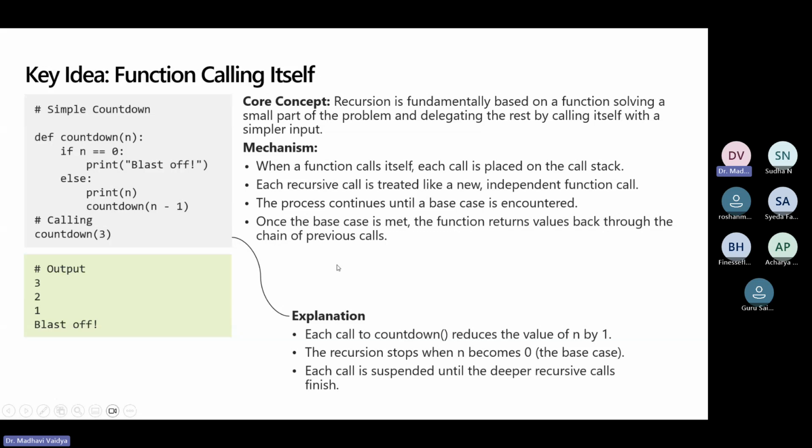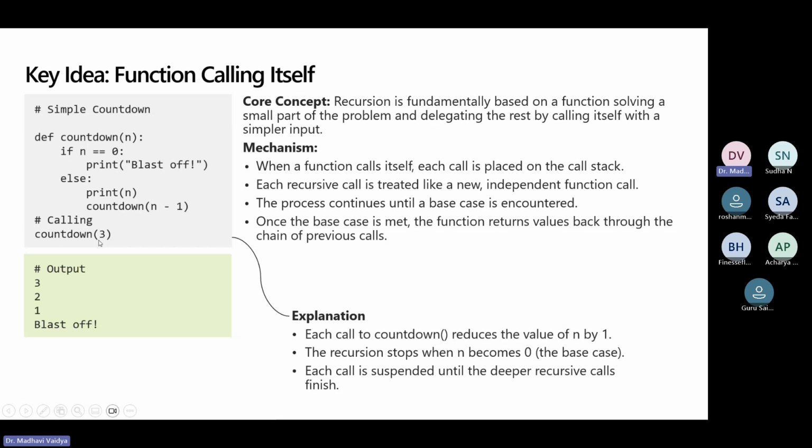For example, you can see the countdown. If n equal to 0, print blast off, else print n. If it is 0, blast off would be printed. But what is n? The function definition is given, so calling also has to be done.